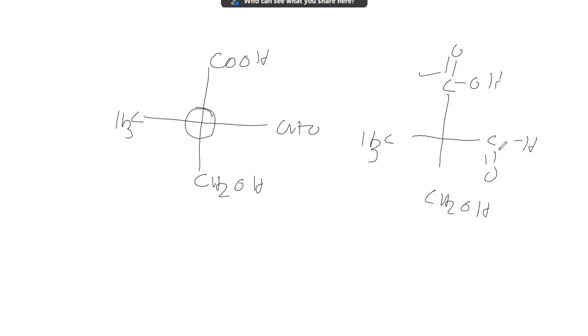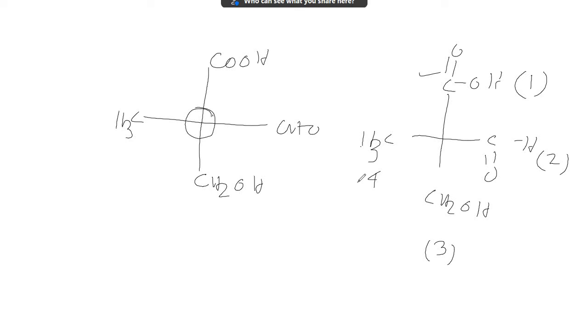In this case it is O, in this case it is H. So COOH is the highest priority 1, CHO is priority 2. Out of the other two, after CH2 there is O, after CH3 there is H. So CH2OH is the third priority, CH3 is the fourth priority.